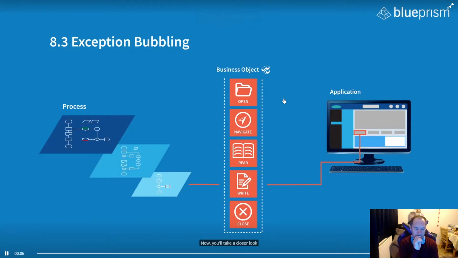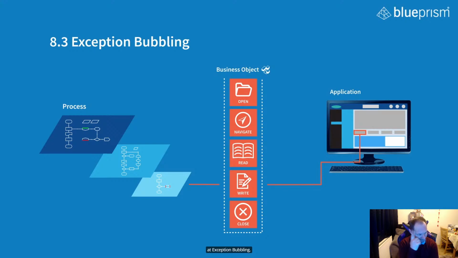Now you'll take a closer look at exception bubbling. Exceptions can occur at any point throughout a process solution. Wherever an exception occurs, it will always move up towards the main page of the process, on the highest layer of the process solution.